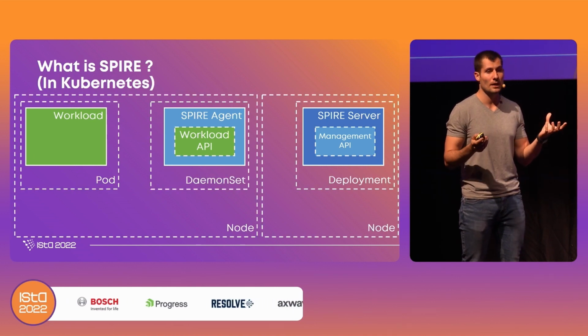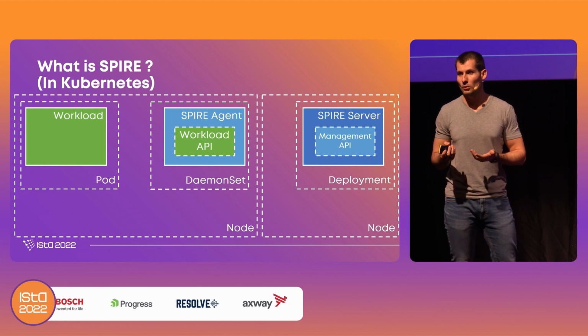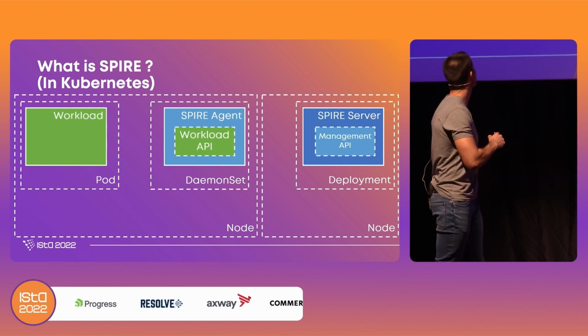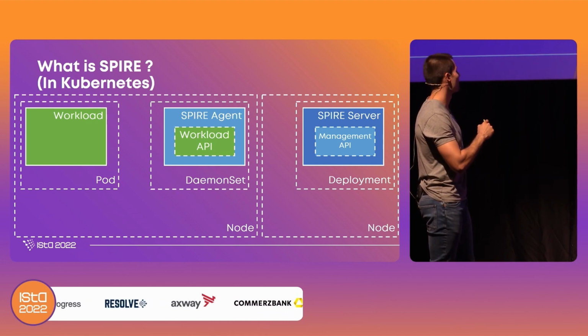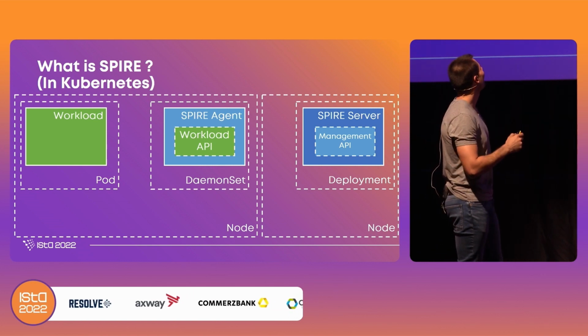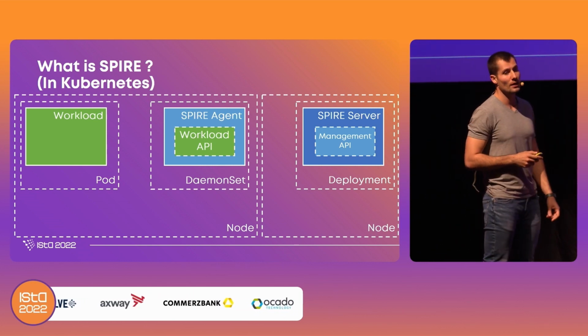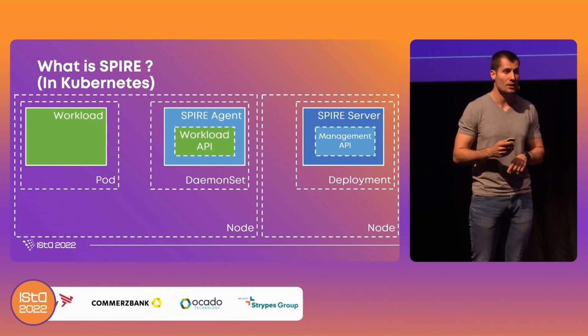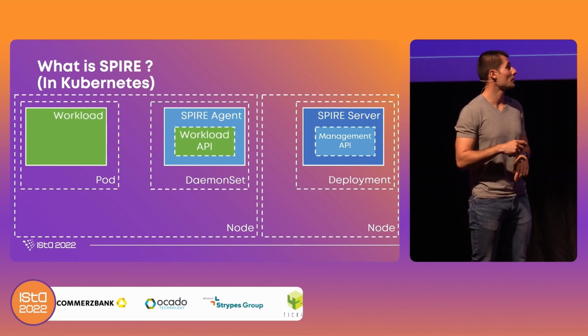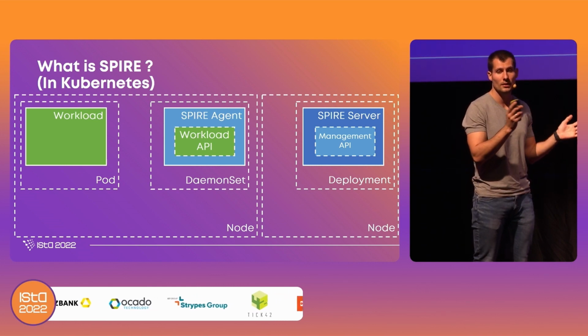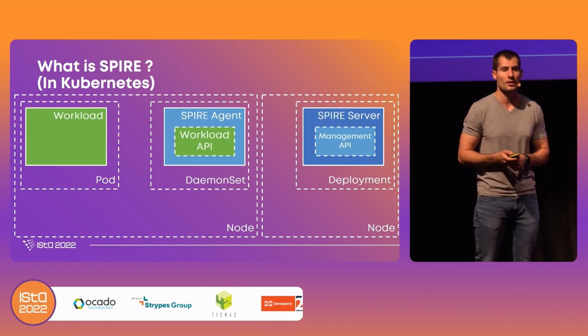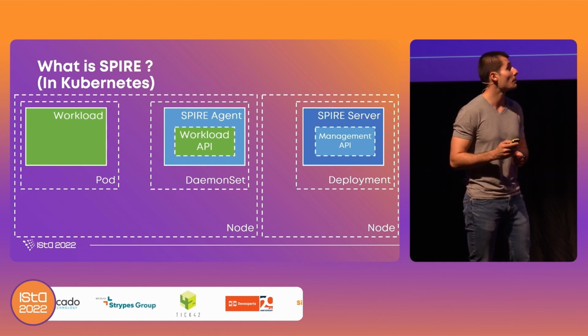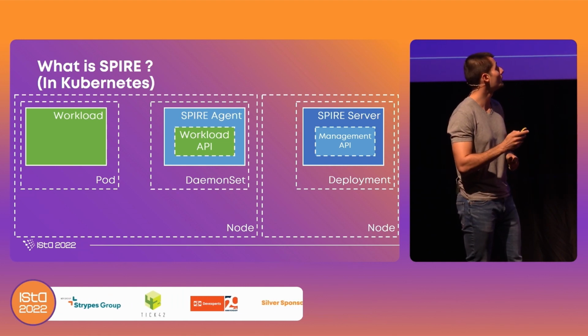And if we need to map that to a popular runtime like Kubernetes, typically our workloads run as pods. The SPIRE agent runs as a daemon set on every single node or VM of our cluster, and the SPIRE server can run in the same cluster or can be collocated in a different one for cost reasons, for operational reasons, depending on how you want to run that.